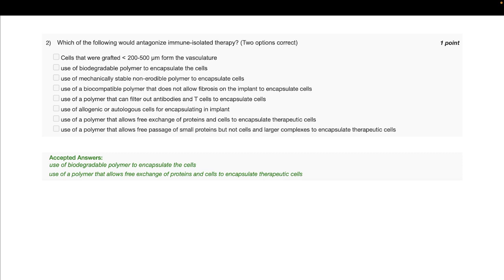So the right answer for this question is use of biodegradable polymer to encapsulate the cells, and use of a polymer that allows free exchange of proteins and cells to encapsulate therapeutic cells will actually antagonize the immunoisolated therapy. Is this clear?